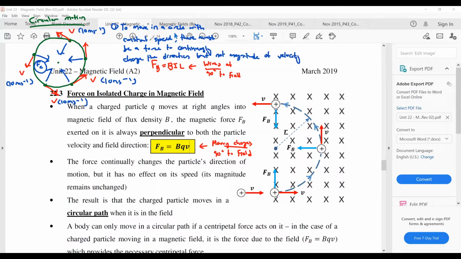To move in a circle with constant speed, there must be a force to continuously change the direction, but not the magnitude of the velocity.